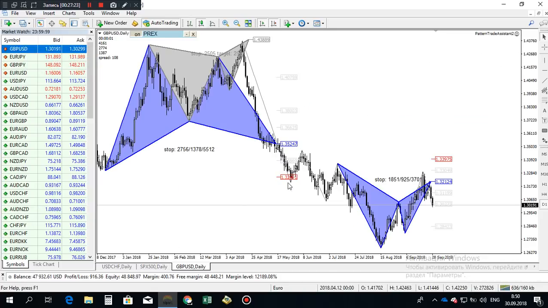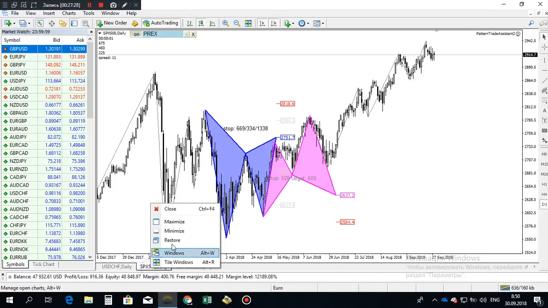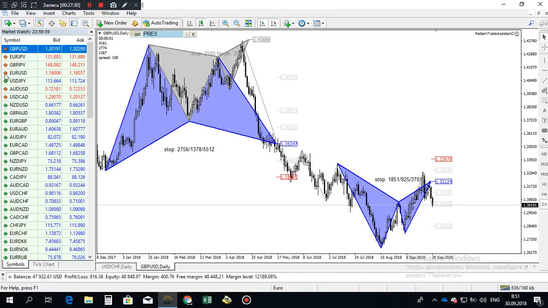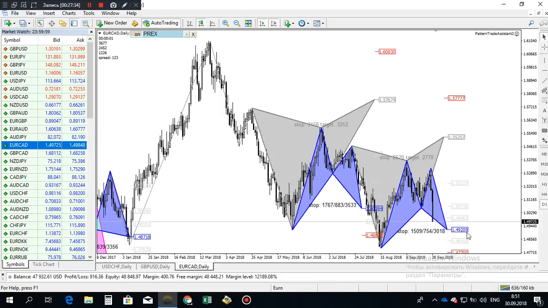Let me open it once again. Selling at market because we have a high probability of continuation. And I would also pay attention to Euro Canadian. It is my preference. Buy with this potential unified Gartley. It is almost completed, so if it goes slightly lower, then there is a good probability of a bounce for this unified Gartley.